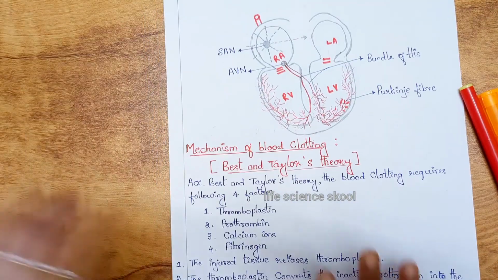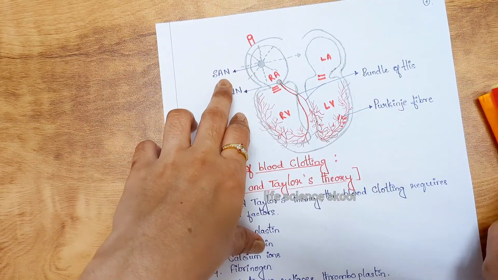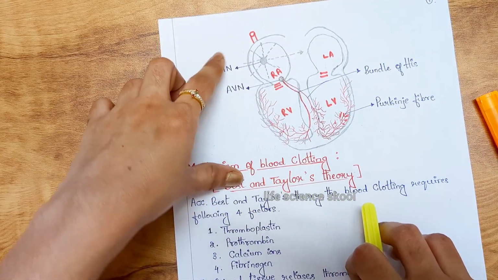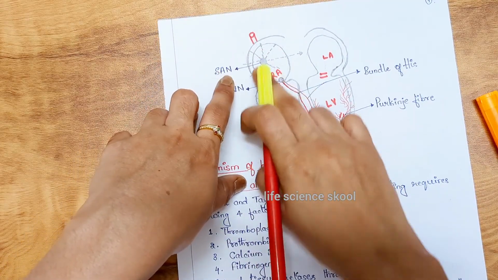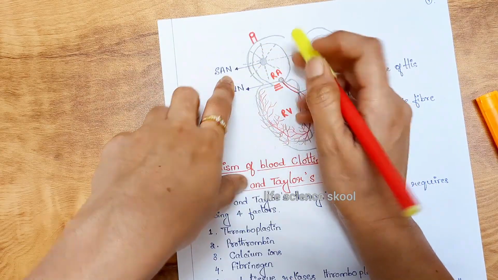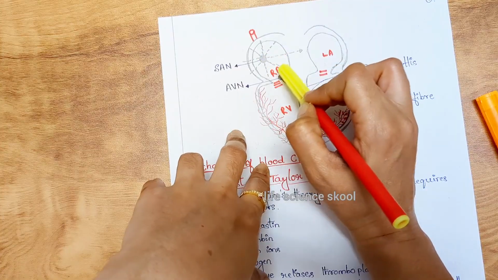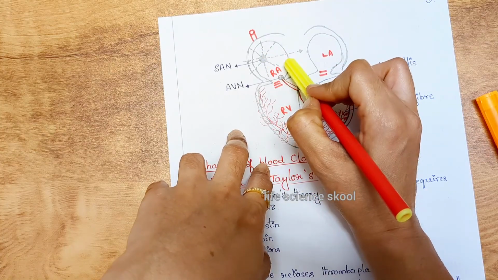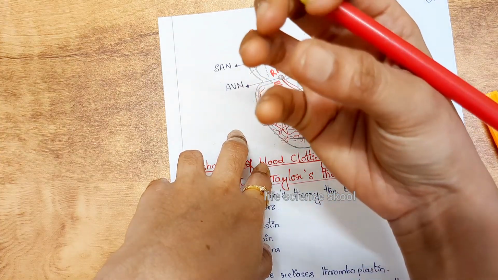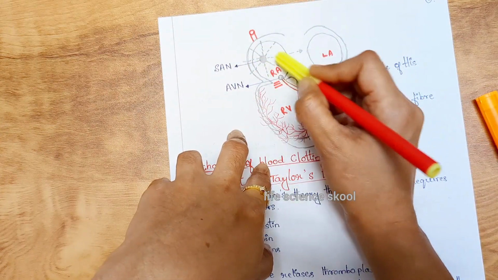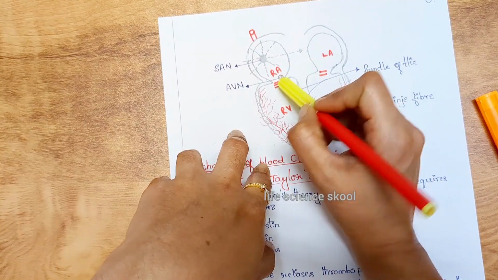So what happens first, as I told before, is that the function of the sinoatrial node is to generate electrical impulses, and the generated impulses are distributed over the right auricle and transmitted to the AVN.